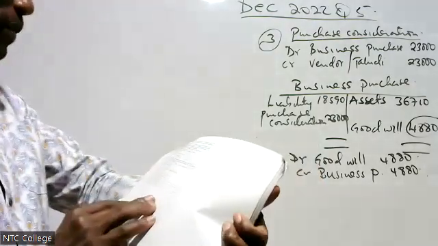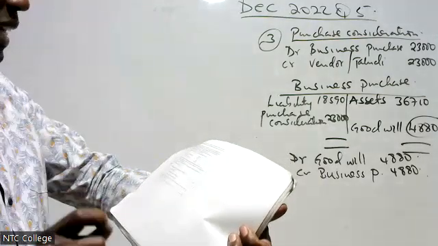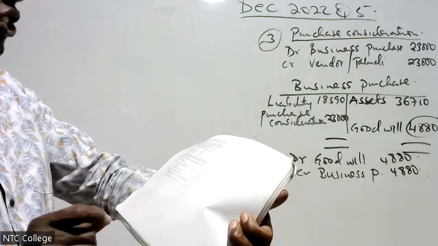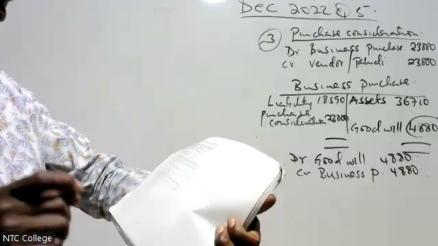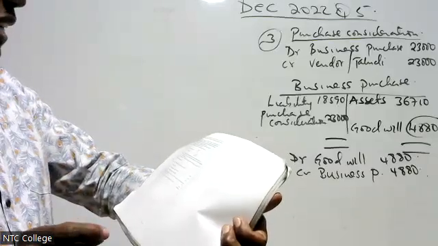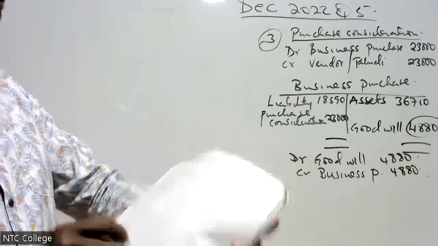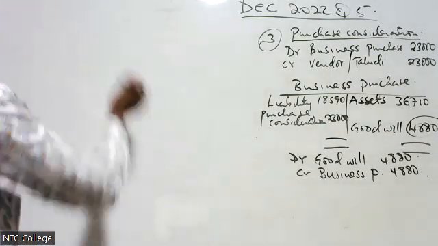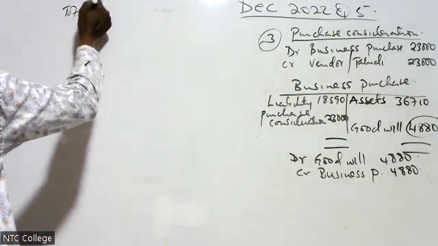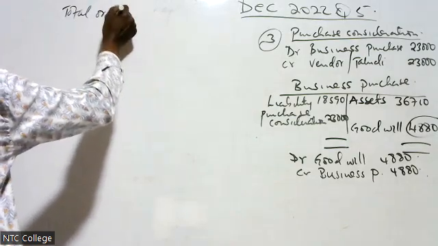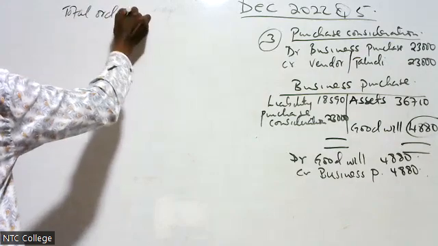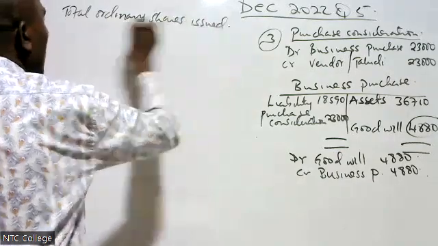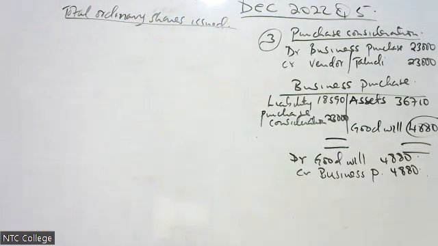When you read this question: immediately after takeover, Stamp Limited invited its ordinary shareholders for a 1-for-5 rights issue of ordinary shares at an exercise price of shillings 15. Therefore, we are going to do the total ordinary shares issued.